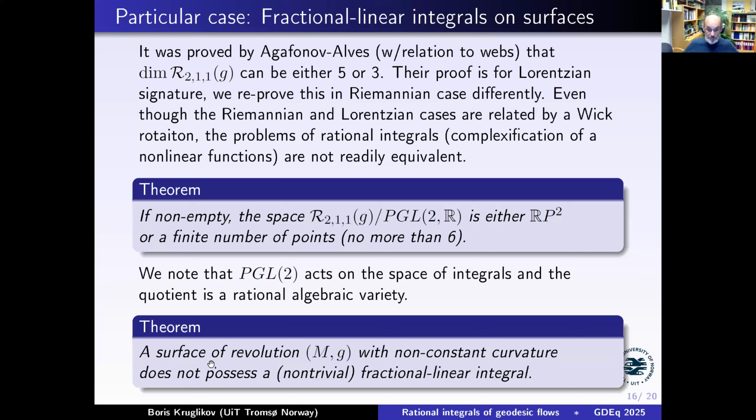That's the second statement. So if it's non-constant curvature, of course, for constant curvature we have everything, but for constant curvature all fractional linear integrals will be reduced. That's also interesting. So if you have non-constant curvature and a non-trivial fractional linear integral, then it's not a surface of revolution. Okay, so that's about dimension 2.